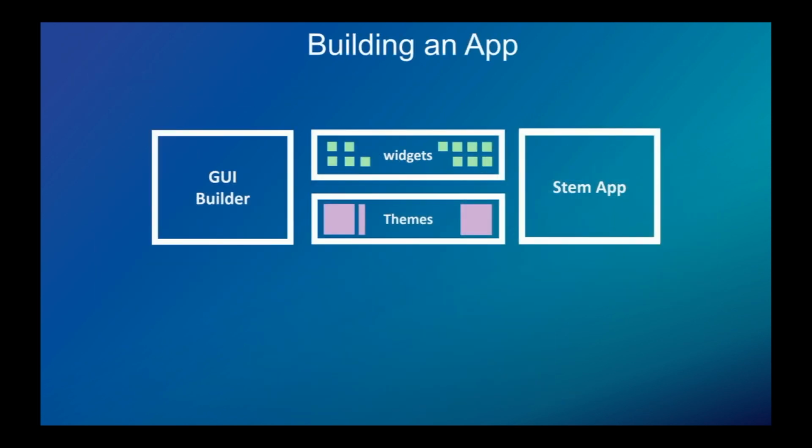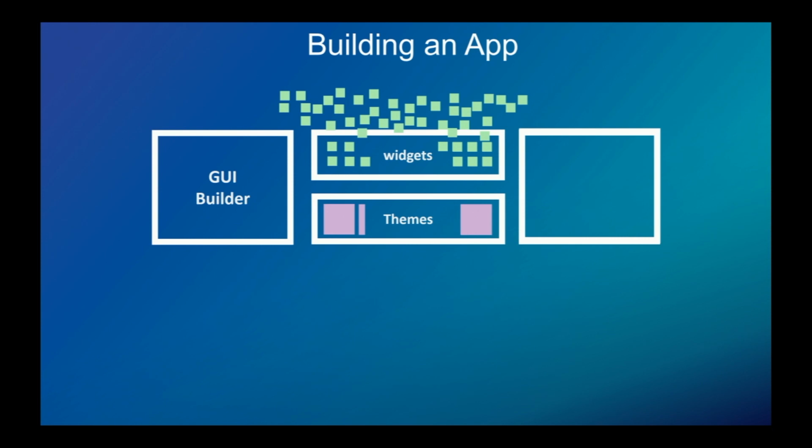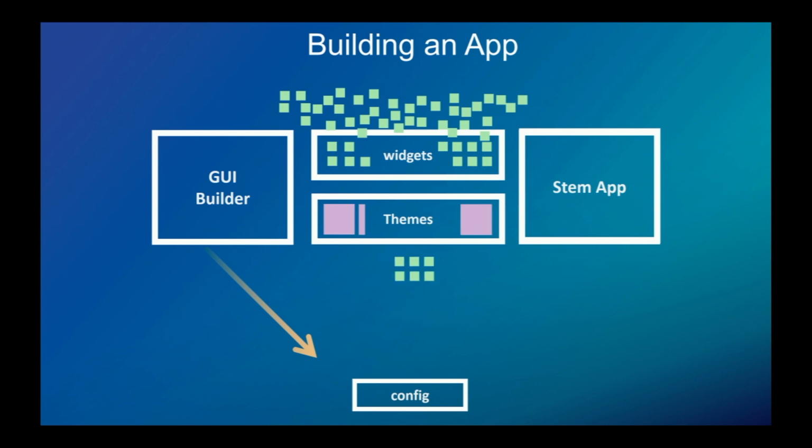So let's look at building an app, and what Web App Builder's made of. We have a GUI builder, and basically that's our builder interface. Then we call our widgets. Those are our worker bees, which are functions or logic. Then we grab a theme, which is the brand of your application. We grab the app, we grab all those components, and then we store them in this thing called a config file.